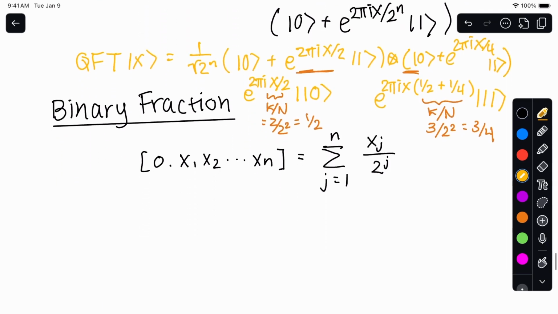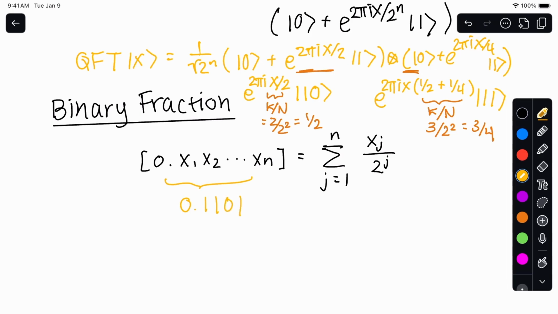So now I want to introduce a useful notation, which is a binary fraction, and I'm just going to express it here with square brackets, so 0 dot and then x1 through xn, where x1 through xn are all either 0 or 1. So for example, this could be something like 0.1101.